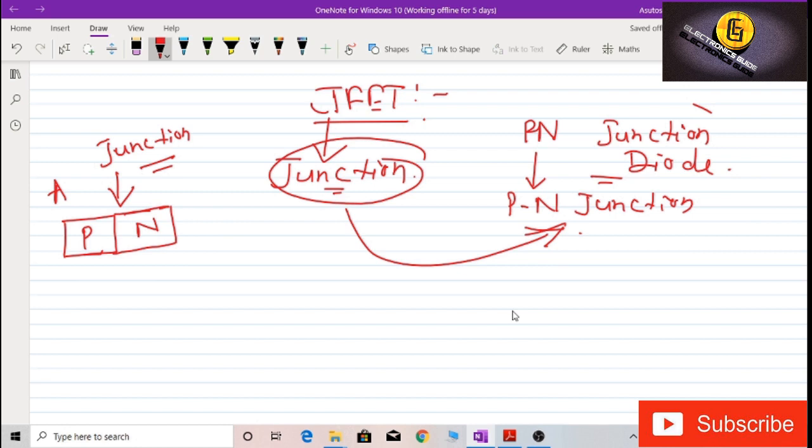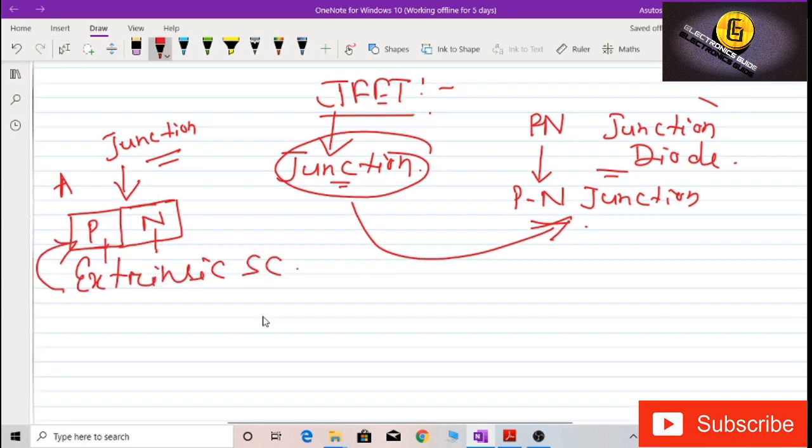This concept is known to us already. Similarly, in the case of JFET, there is a junction, and this junction is nothing but a PN junction. That means a JFET is constructed by using extrinsic semiconductors.